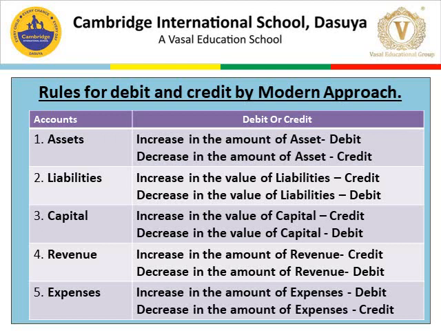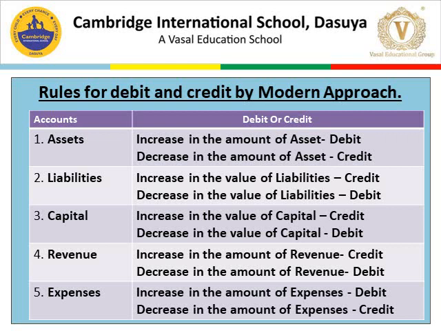Number three, capital. Increase in the value of capital, credit. Decrease in the value of capital, debit. Number four, revenue. Revenue is also known as income. Increase in the amount of revenue, credit. Decrease in the amount of revenue, debit.